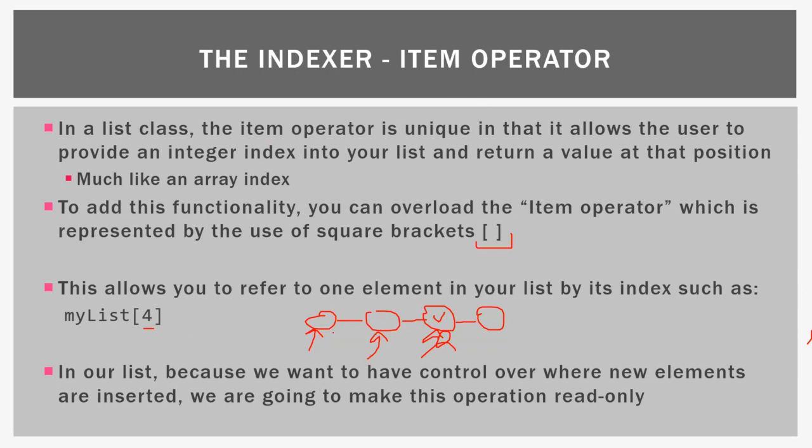We want to have control over where the new elements are inserted. I mentioned this earlier when you shouldn't allow direct assignment access to that pointer first, and this is the same sort of thing. I don't want to be able to assign a new element into any position that I want, because the list that I'm making has a rule that all new items are inserted at the front.